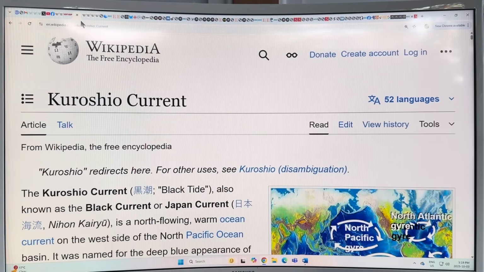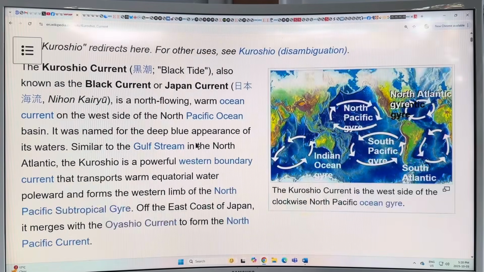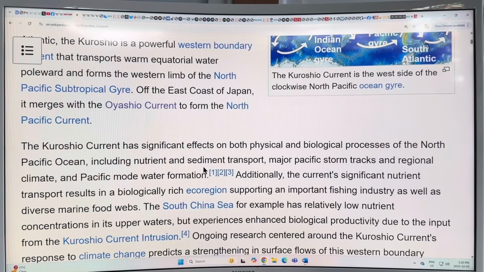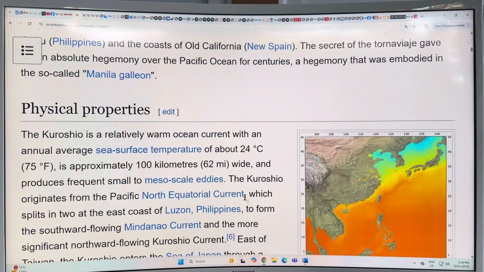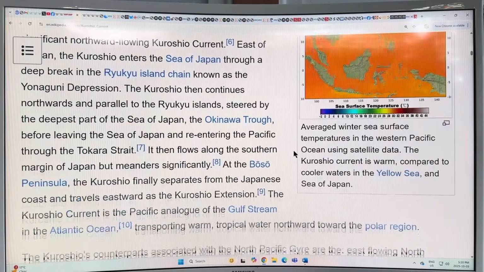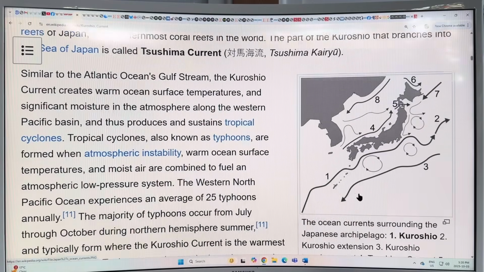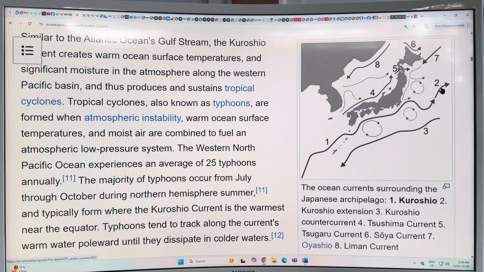You can get lots of good information on the Kuroshio Current from the Wikipedia page and what it does, its importance for fisheries, when it was discovered, physical properties, sea surface temperatures. There's images of the ocean currents surrounding the Japanese archipelago. One is the Kuroshio here, and then you have the Kuroshio Extension, and you have a counter current to the Kuroshio here, current this way.